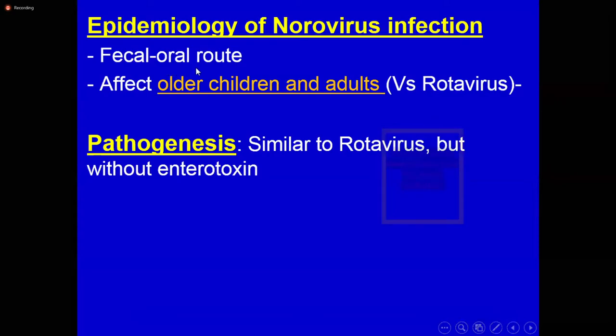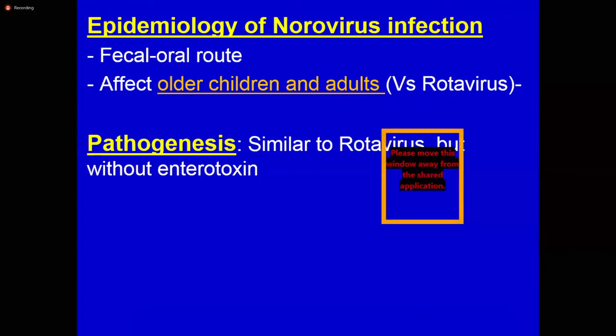Transmission by the fecal-oral route, usually in older children and adults. This is versus rotavirus, where we said less than 2 years of age. Pathogenesis is similar to rotaviruses, but without enterotoxin.